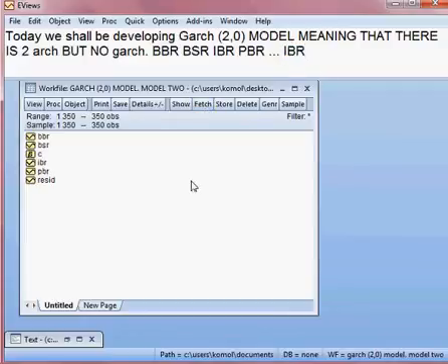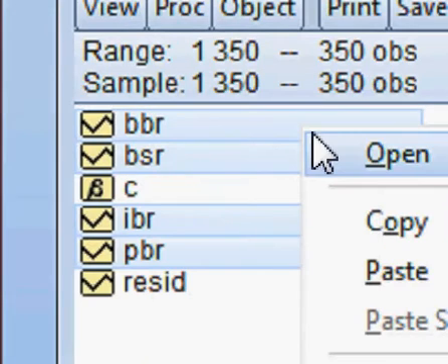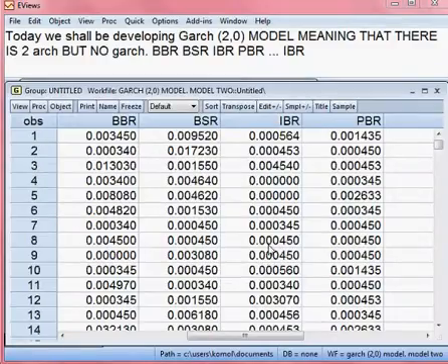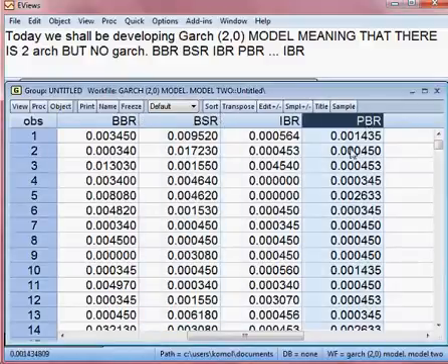I am opening all the variables as a group. These are my variables: BBR, BSR, IBR, and PBR. Here we have taken 200 days of return data.